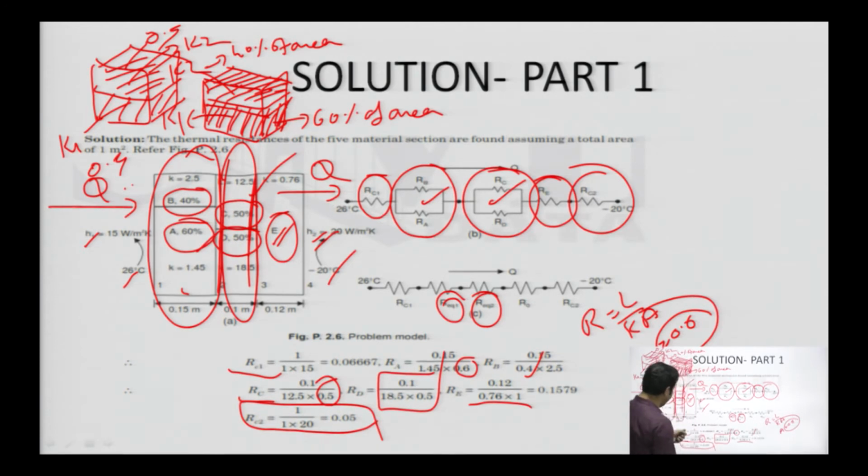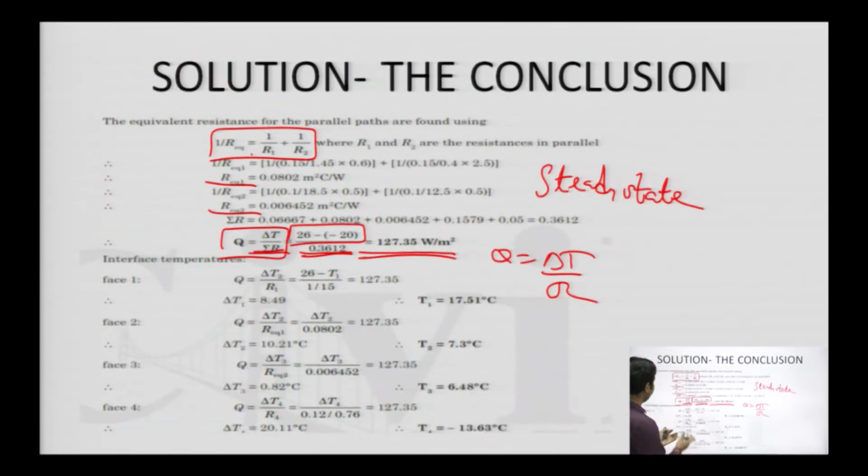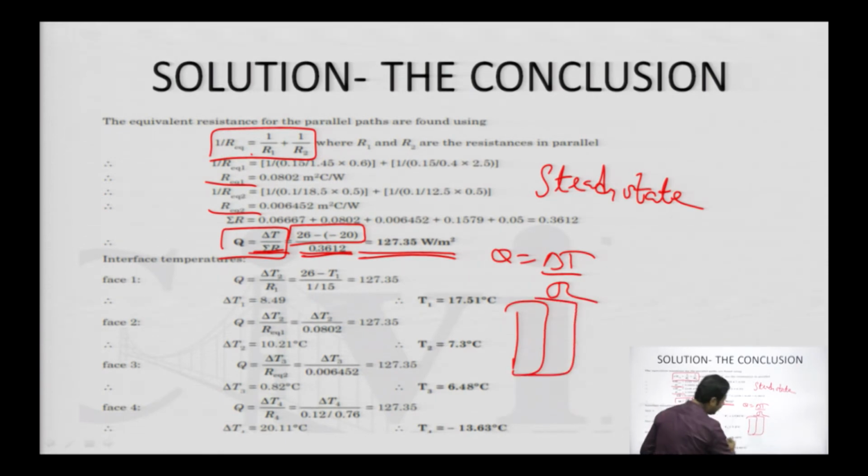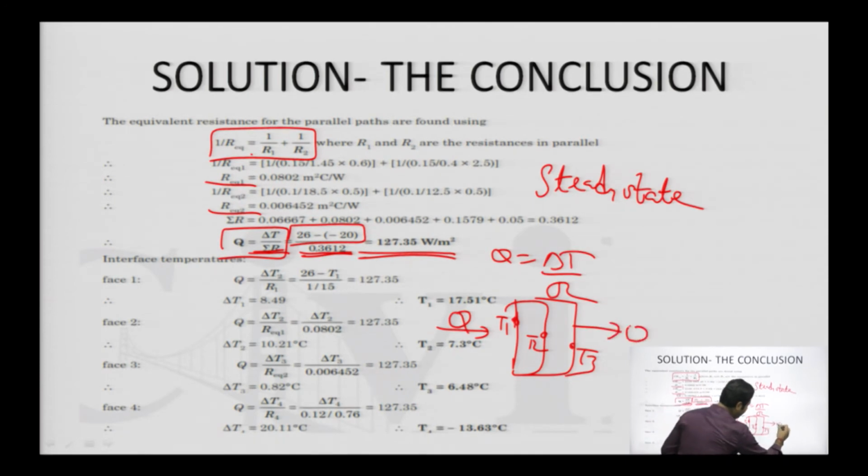So in every interface, suppose there are two walls, two components, suppose this is T1, this is T2, and this is T3, the Q that is entering here will be equal to the Q that is exiting.